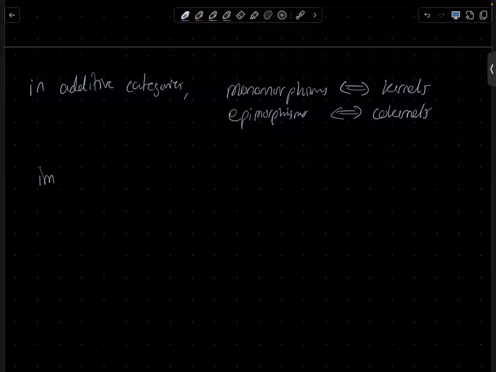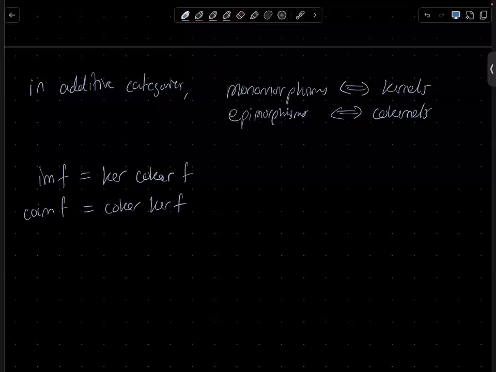The image of F is defined to be the kernel of the co-kernel. And then similarly, there's the co-image, which is the other way around. You take the co-kernel of the kernel of F.